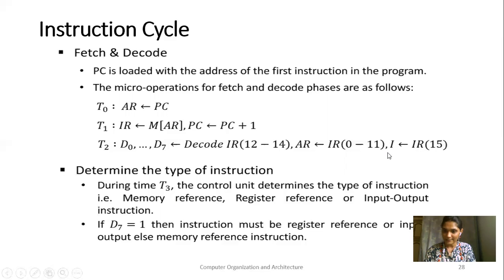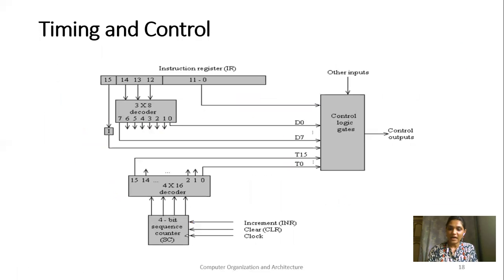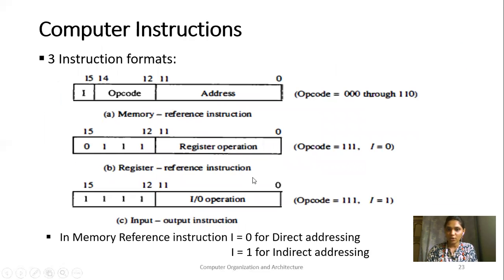Next, the ith bit, IR 15th bit, is going to be stored in the I register, or you can say the I flag, and your remaining 12 bits, that is your address or your operation, are going to be stored into the address register. Because if it is a memory reference instruction, then you will require to fetch your operand.